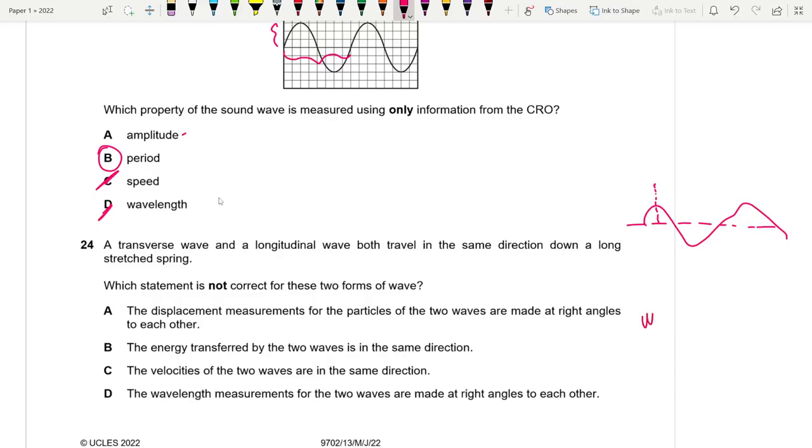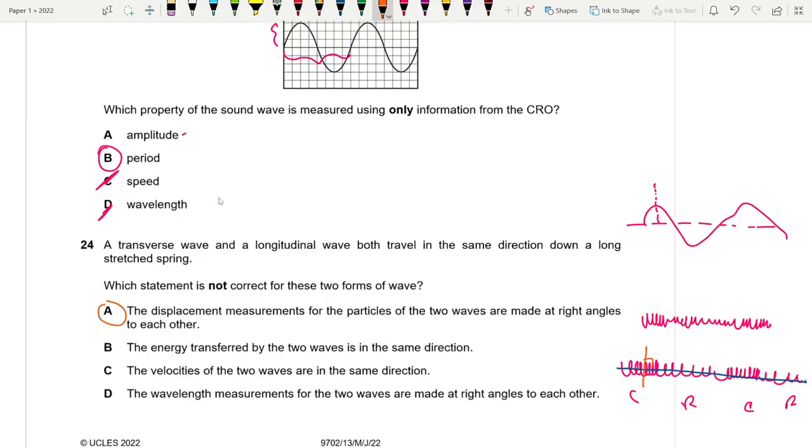So suppose if this is the spring, I draw so bad diagram. So suppose this is a spring, sorry. This is a rarefaction. This is a compression again. This is a rarefaction. So for the longitudinal wave, the displacement will be measured in this axis, and for the transverse wave, the displacement will be measured in this axis.